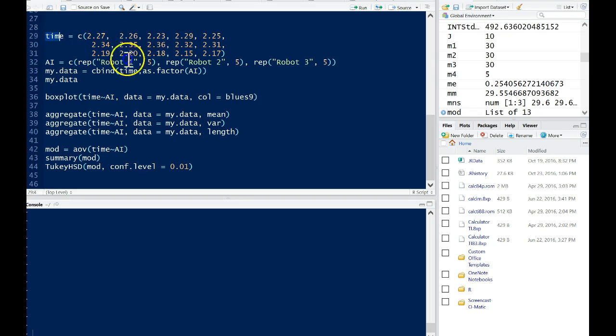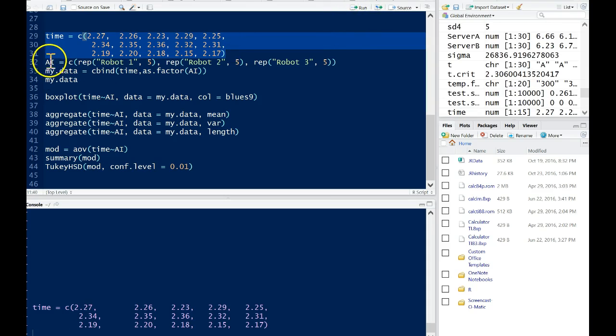So we run the time in as its own vector. And then we run in the treatment group, or the different populations or different groups. In this case, those are the different robots. And I'm going to call this vector AI, artificial intelligence. I'm going to repeat the word robot 1 five times, repeat robot 2 five times, repeat robot 3 five times.